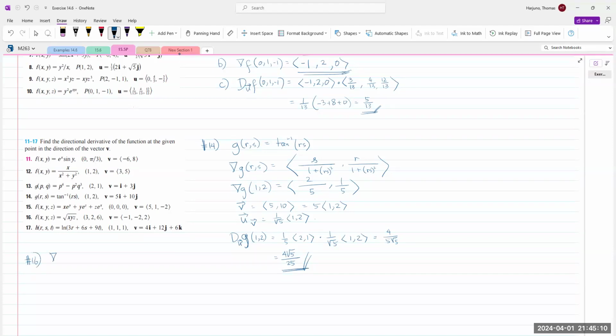So the gradient of the function of x, y, z: I do the derivative with respect to x, that will be yz over 2 square root of xyz, comma, xz over 2 square root of xyz, and then xy over 2 square root of xyz.